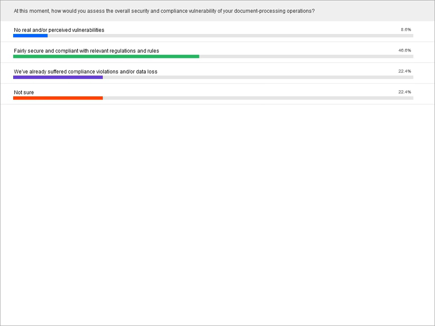Interesting. 47% of you believe that your document processing operations are fairly secure and compliant with relevant regulations and rules. However, look at this. Nearly 1/4 of you say you've already suffered compliance violations and/or data loss, and the same amount of you say you're not sure, which is just as bad as knowing you've got a problem.